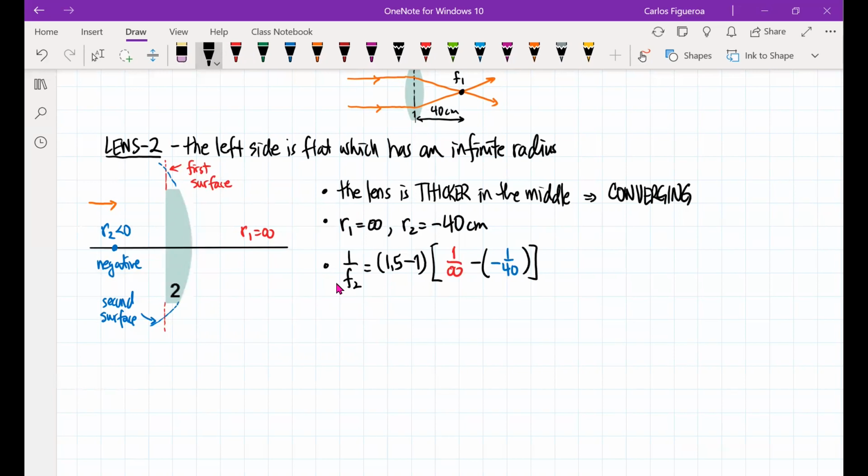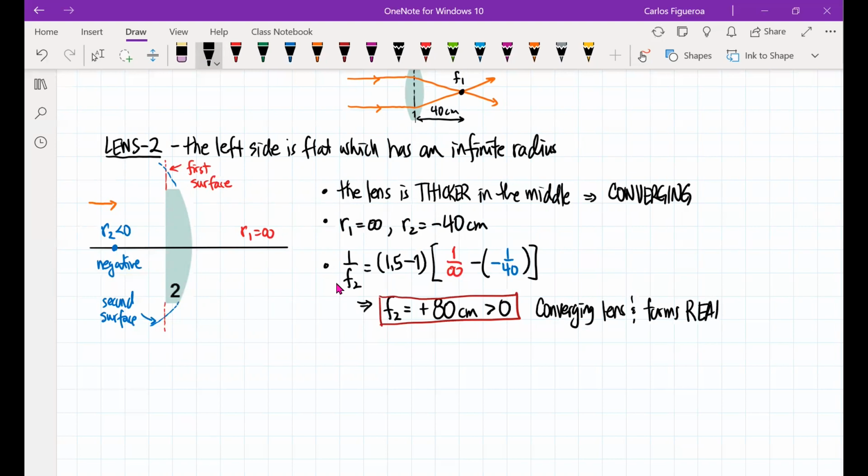And if I compute this, you're seeing that F2 is going to be positive 80 centimeters, which is positive. That's a good sign, because if I have a positive focal length, that means this is a converging lens, and we knew that already, and forms real images.